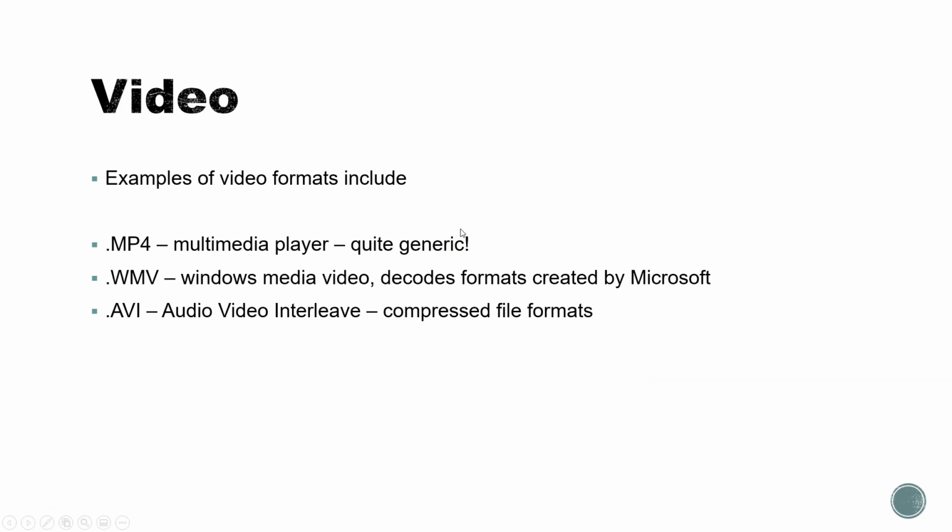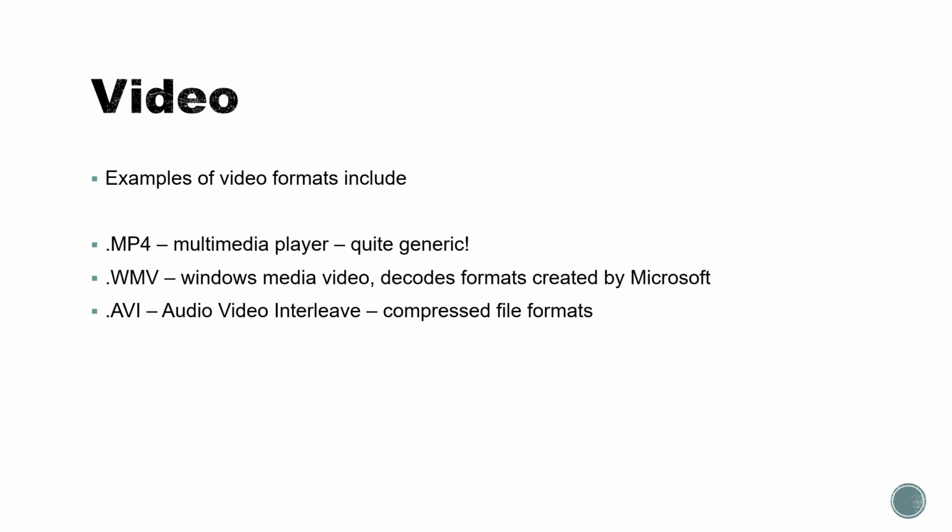Examples of video formats. So .mp4 is probably the most popular one at the minute. It's a multimedia format that combines audio and video, and like I said, it's very popular at the minute. You've got WMV, which is Windows Media File.